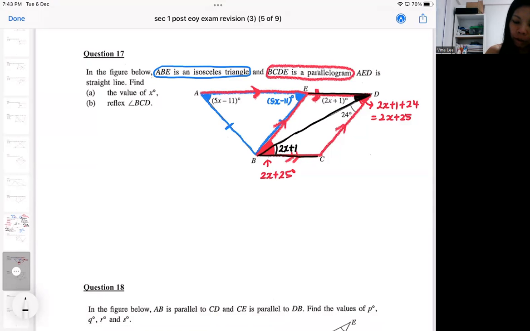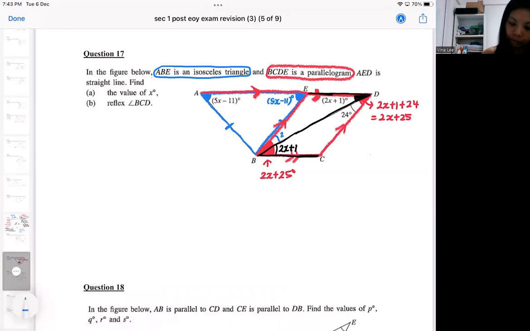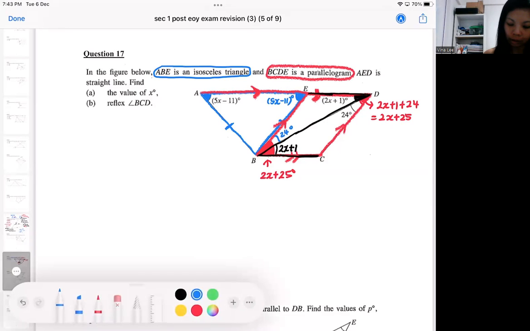I'm just exploring the property. So this is an alternate angle. And then this will be the 24, again due to alternate angle.